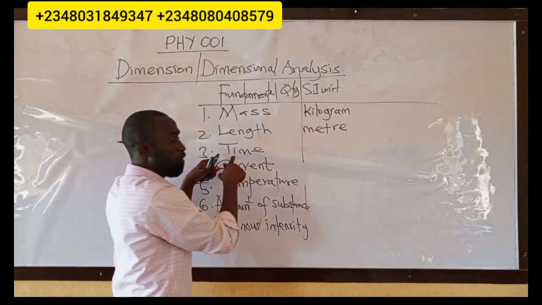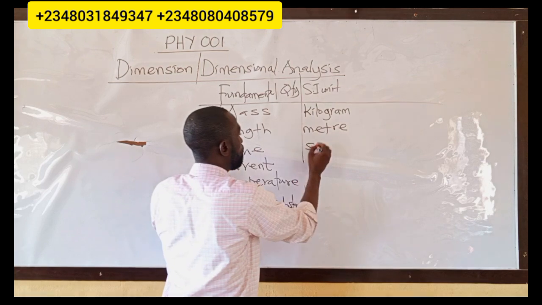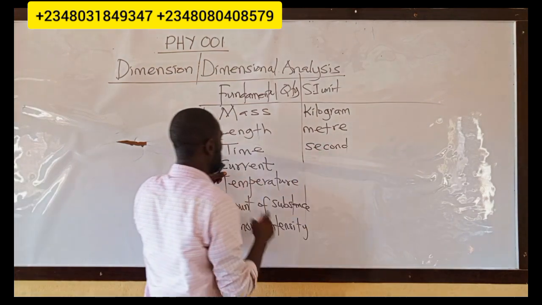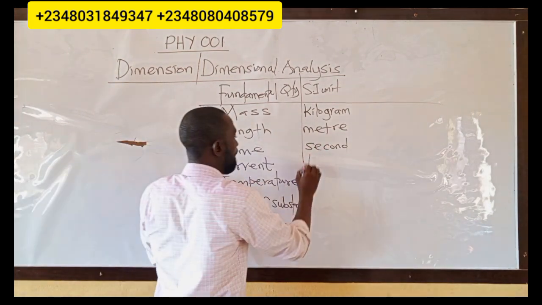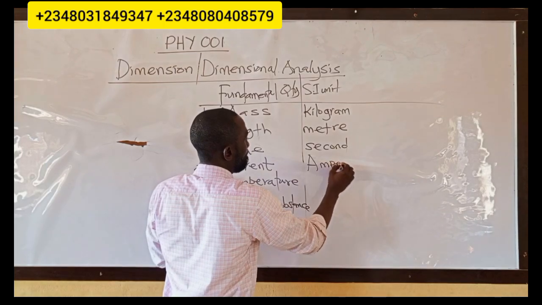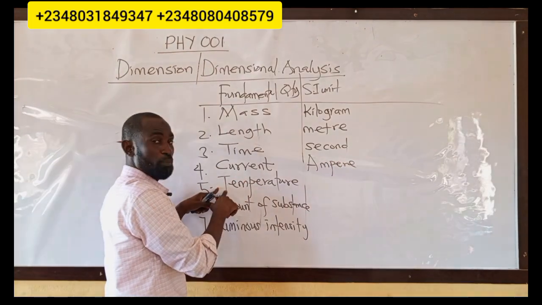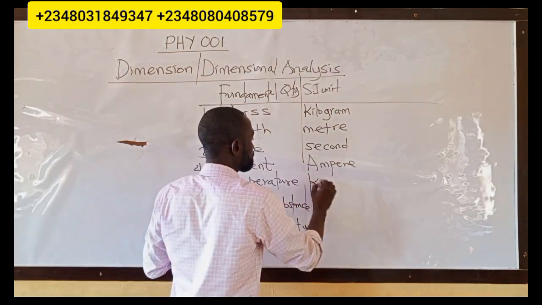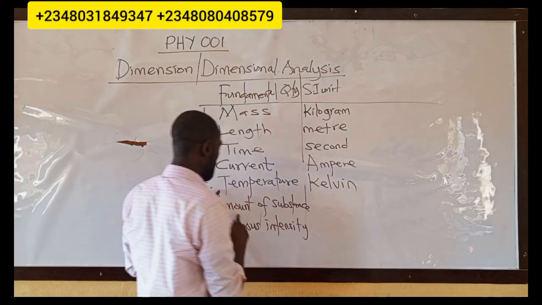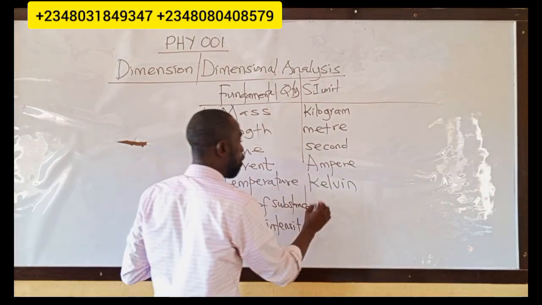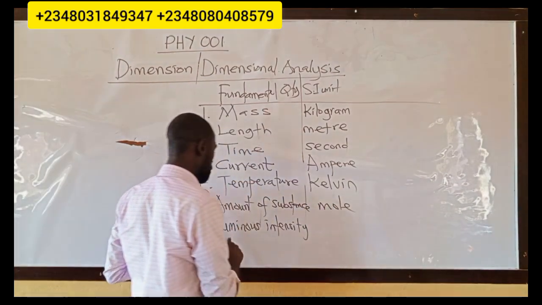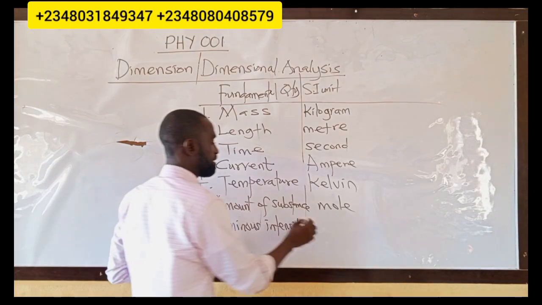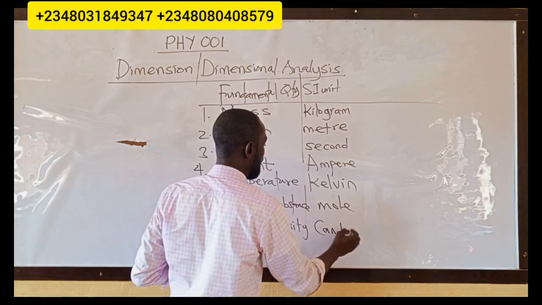The unit of time is second. The unit of current is ampere. The unit of temperature is Kelvin. The unit of amount of substance is mole. While the last one, the unit of luminous intensity, is candela.